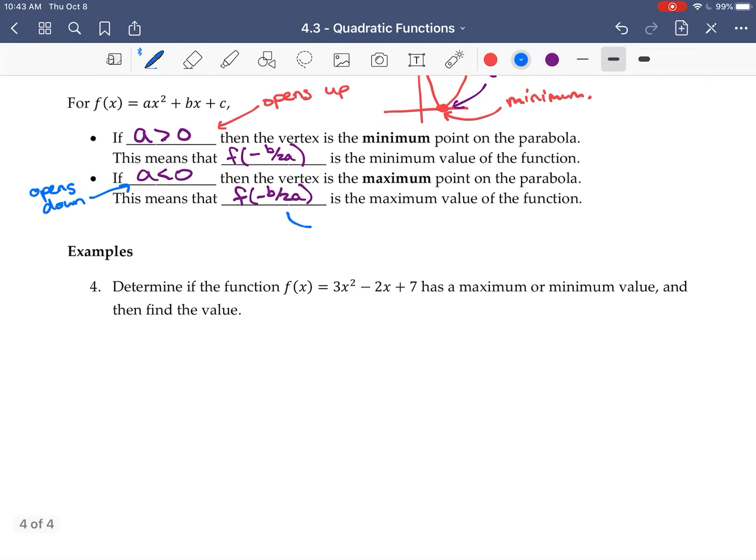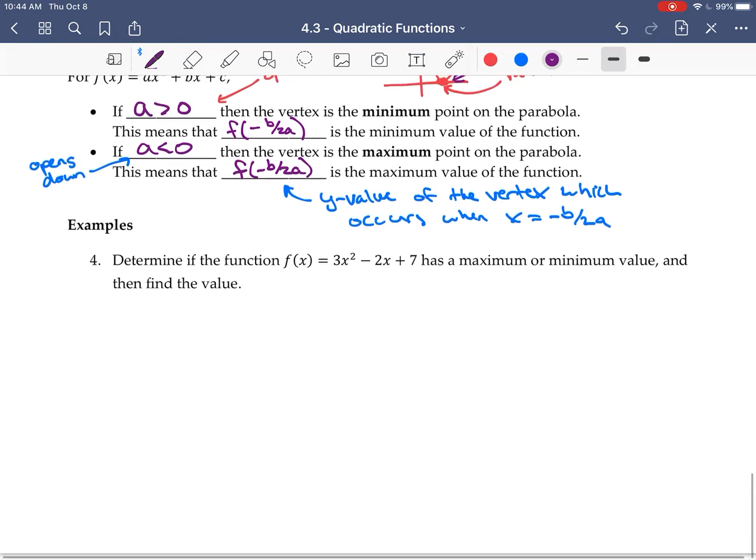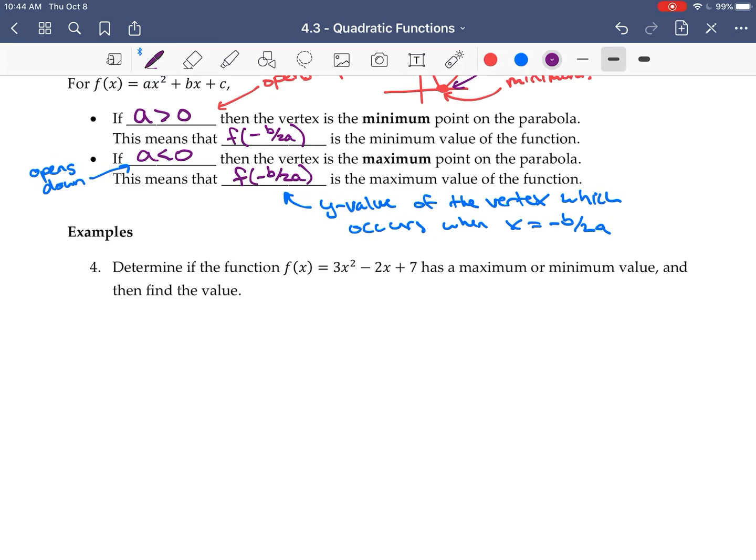Just to remember, this is the y value of the vertex, which occurs when x equals negative b over 2a. That's why we want to plug that into the equation. I'm going to skip this last example so you can just use that idea to tell if it is a minimum or maximum and find the minimum or maximum value. Okay, so that's a little bit about quadratic functions.